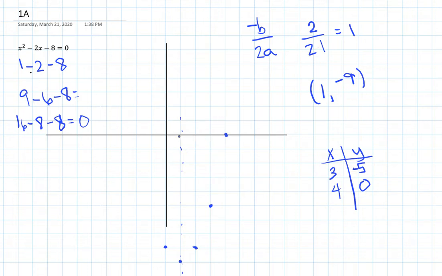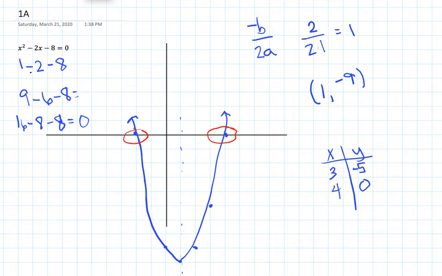So this is 3 away from the axis of symmetry, it's 3 away right here. I'm going to draw this. My answers are just the points where it crosses the x-axis, so this point and this point. So my two answers are negative 2 and 4.